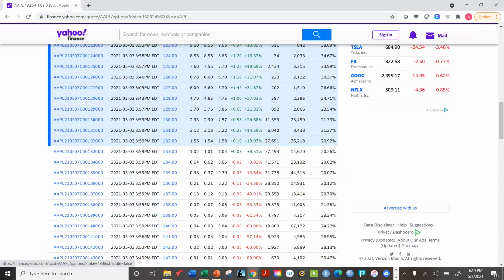In other words, if I could exercise this option right now, I would have a payoff of $2.54 because that's the difference between the stock price and the strike price. But if you notice, the market price is actually $2.97.